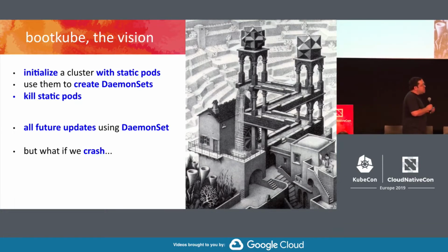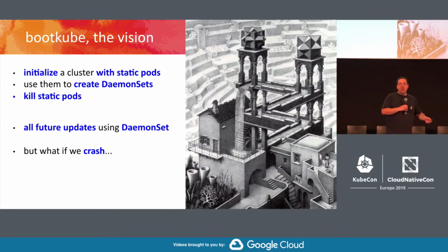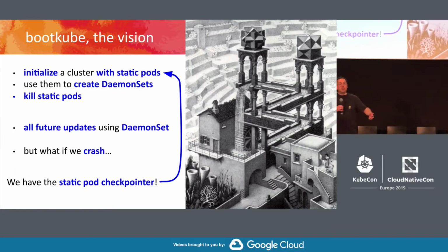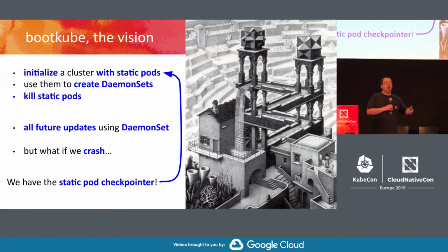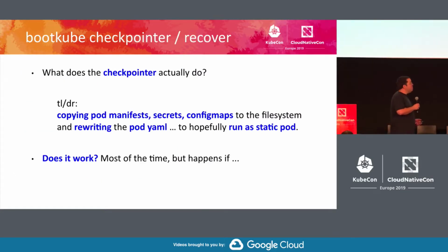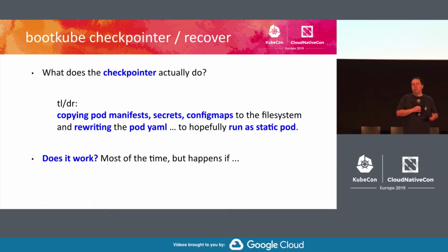And this works pretty well until you crash. But Bootkube thought of that. So we have a static pod checkpointer, right? So in case you crash, there's going to be something for you to start back up with. Now, static pod checkpointer, how does it work? It looks at the config maps and the secrets and the other resources you have for your daemon set pod and creates mirrors of those on disk.